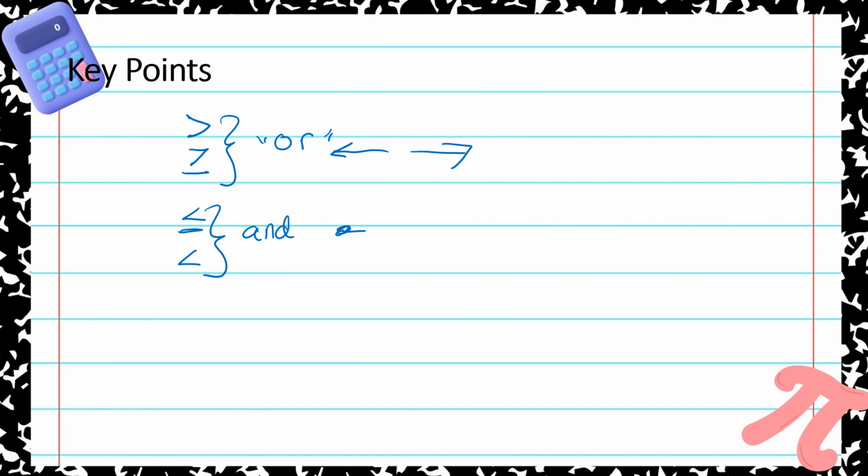So remember, once you get those absolute value symbols alone, if you get a greater than or a greater than or equal to, that is going to be an or, and my arrows are going to go in different directions. If I get less than or equal to or less than, that is an and, and we're going to connect.